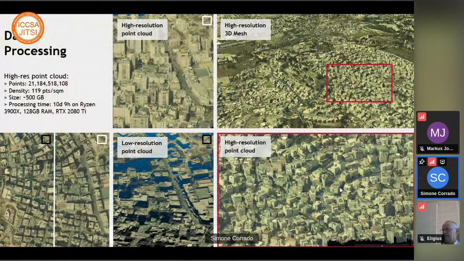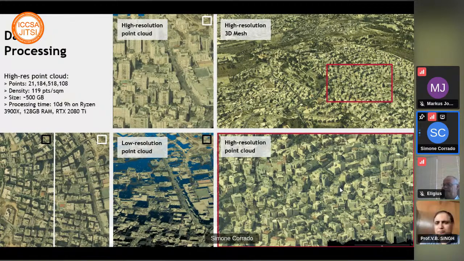And that means that typically, if you look from nadir, from above, as shown here, these are different point clouds. On the left, it's a sparse cloud, and on the right, it's the enriched cloud we processed. This is the same extent of the area.